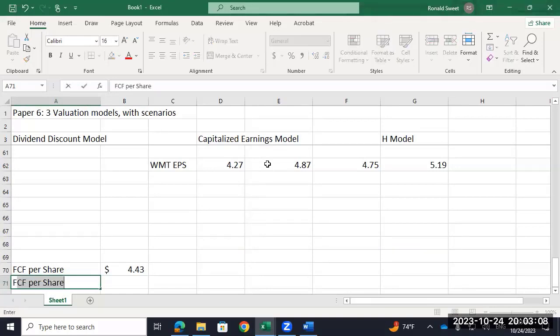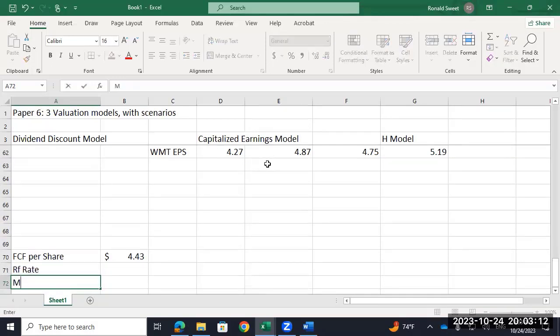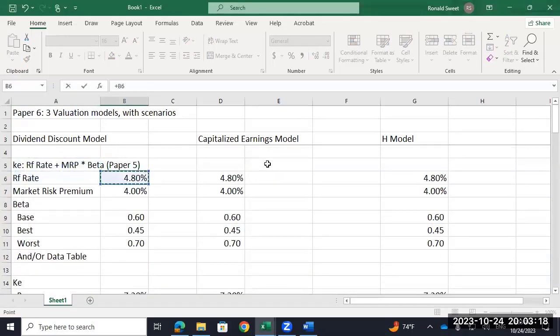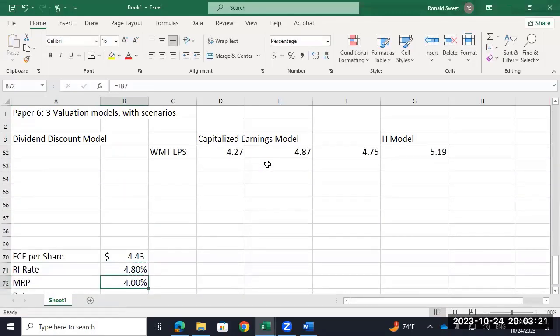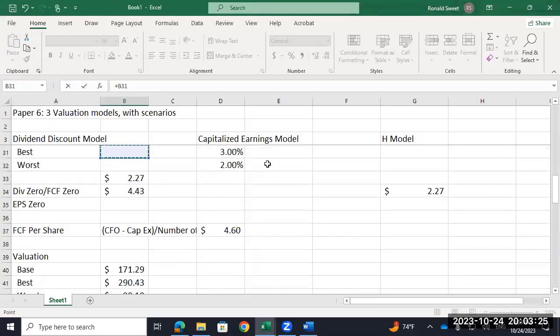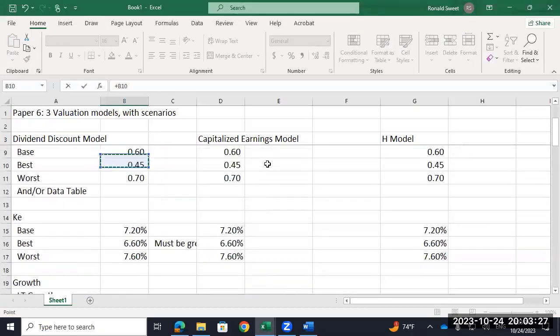Now to do it, you have to put each individual piece in there. My risk-free rate is that, market risk premium is that, and my base case beta is 0.6.